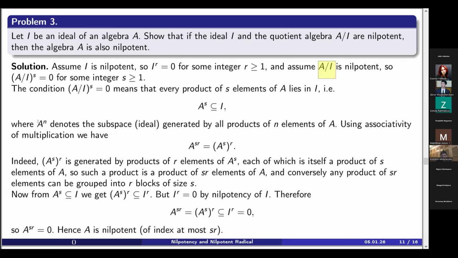Where a to the power of n denotes the subspace generated by all products of n elements of A. Using associativity of multiplication, we have a to the power of SR is equal to (a^S)^R.